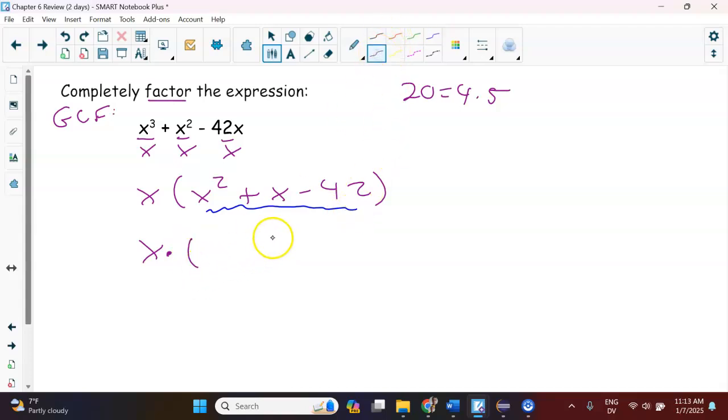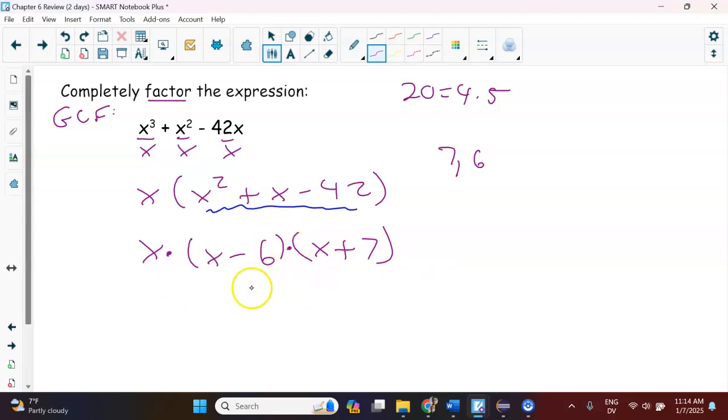You're going to make 2 little parentheses, and then to make the x squared, we put x in x, and then it multiplies to negative 42, so that means there's 1 plus and 1 minus, and then it's got to add up to positive 1. So I think the right pair here is 7 and 6, with the 7 as the positive 1 and the 6 as negative, because then it'll add to positive 1.